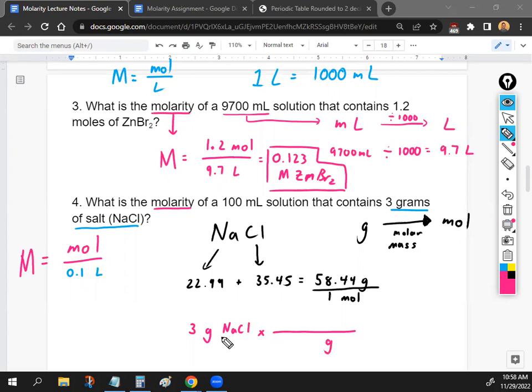If you want to get rid of something, you always put it on the bottom of the fraction, okay? And then we're looking for moles here, so we're going to put moles on the top. So this is where we're going to throw in the molar mass. 58.44 is next to grams, so we're going to put that on the bottom. And then there's 1 next to mole, so we'll put that on the top. Okay, and the reason why we do that is so that the grams can cancel out, and all we have left is moles.